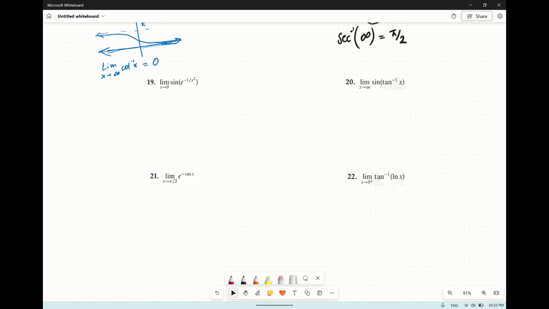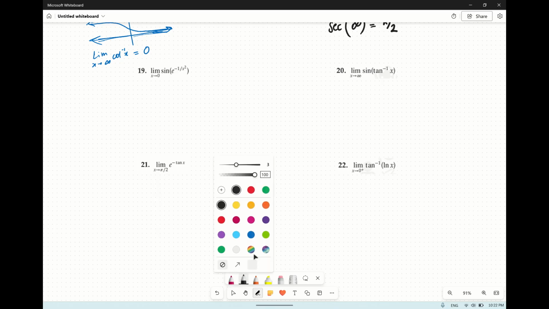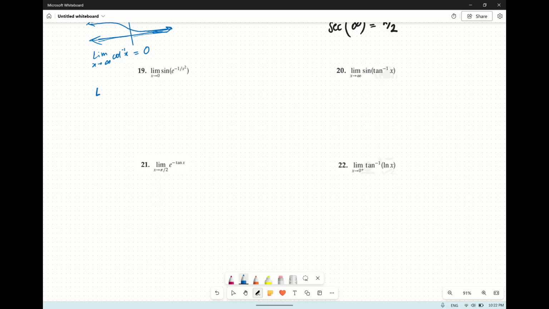Now, question number 19 says, find the limit as x approaches 0. Here, they did not specify whether they want us to find it from the right or the left, so I have to check both. I will start with the limit as x approaches 0 from the right, then I will do from the left.